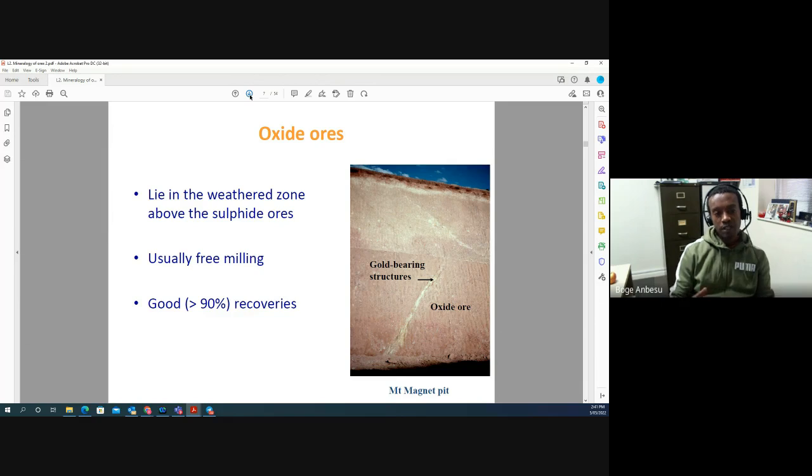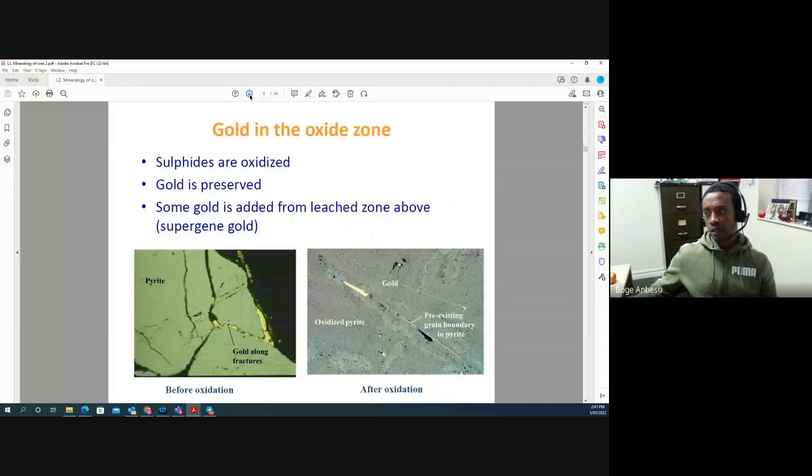It's not very thick, but the color is very typical in many places. The reddish brown coloration stands out because of the decomposed rock material. Primarily, you would have iron oxides there. And if you have a gold deposit, the gold is going to be free and easier to recover and process.